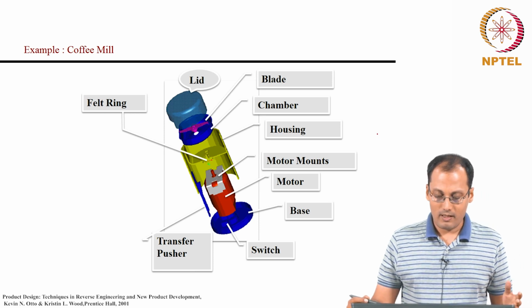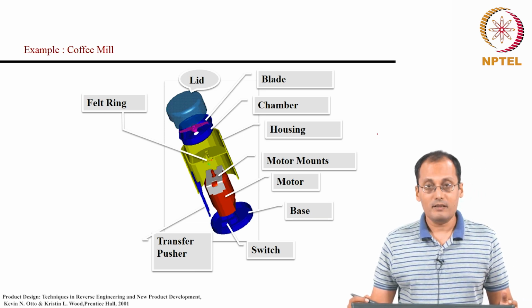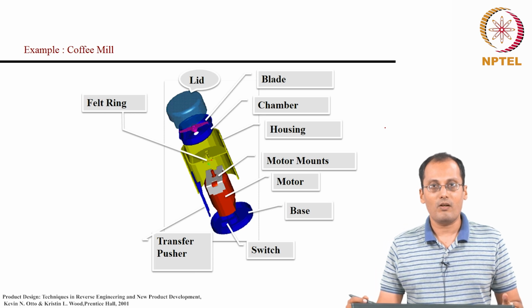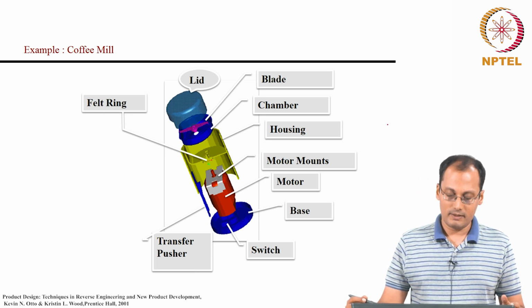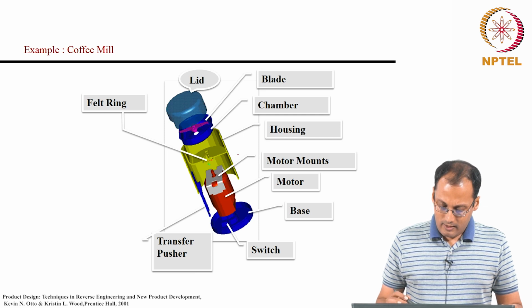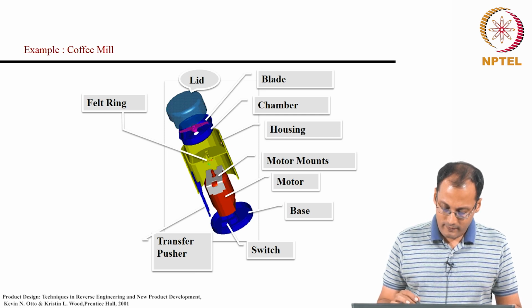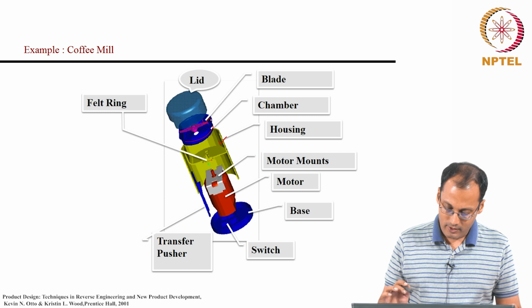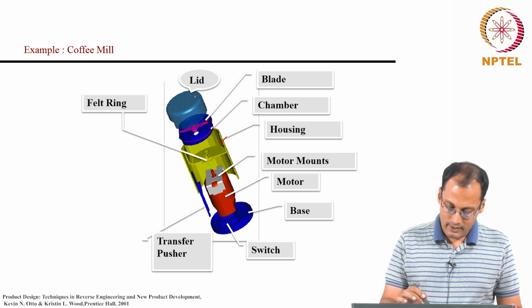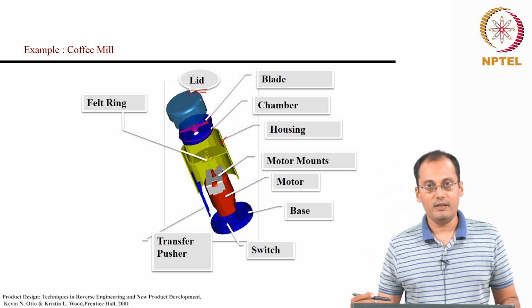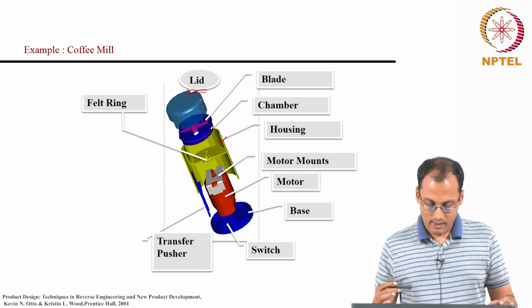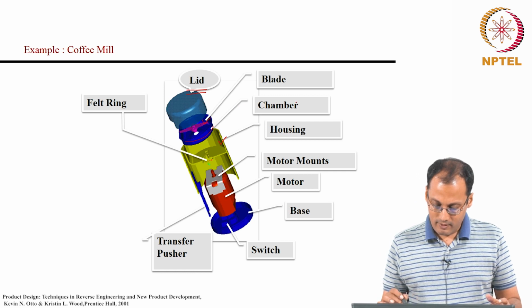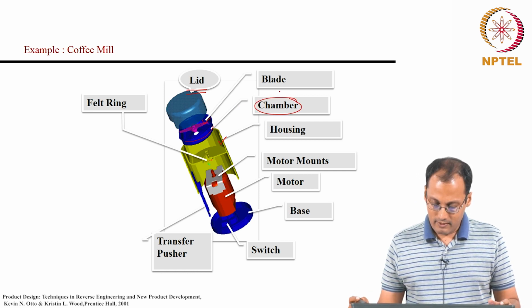So, this is a household item where you can mill fresh coffee powder from the coffee beans. So, you have the housing, this component, you have the blade and the chamber, which is this component, and the lid. So, this contains the coffee bean inside the chamber and it is milled.